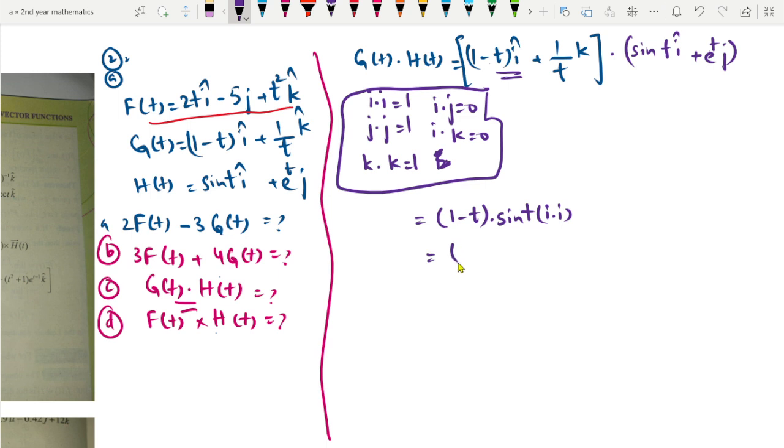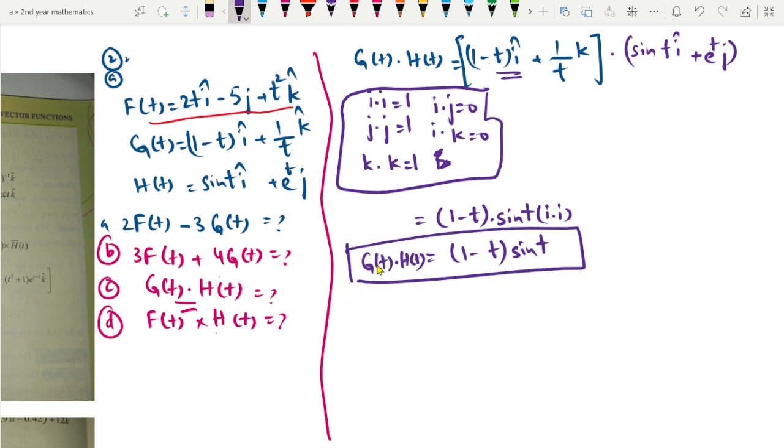So 1 minus t sine of t is our answer of g of t dot h of t. So this is our final answer.